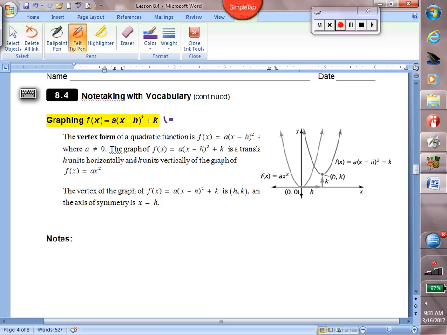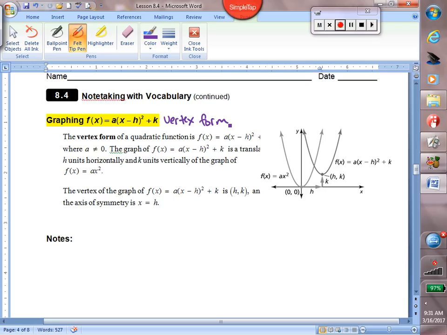This is known as vertex form. The reason why it's known as vertex form is because we can identify the vertex without doing any work at all, using the transformations we've learned. So let's go ahead and take a minute and let's talk about those transformations with our vertex form.